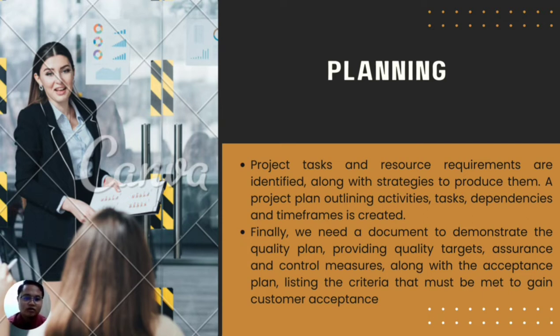Finally, we need a document to demonstrate the quality plan, providing quality target, assurance, and control measures, along with the acceptance plan listing the criteria that must be met to gain customer acceptance.